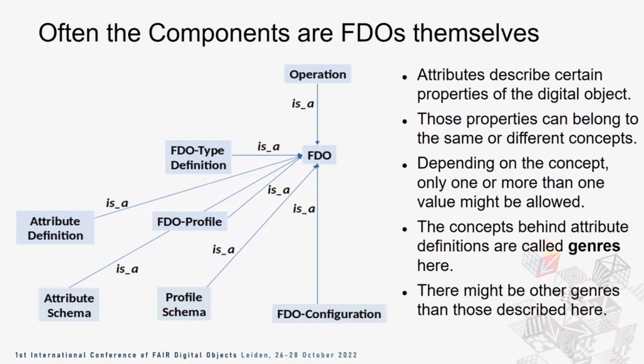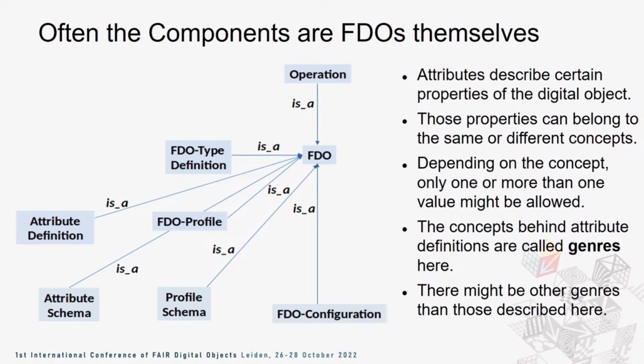And it turns out that this is something which needs a special view. And this view is also given here. And this view is helpful because it shows that these FDOs and their records behind them are fulfilling different roles, and they belong to different concepts.